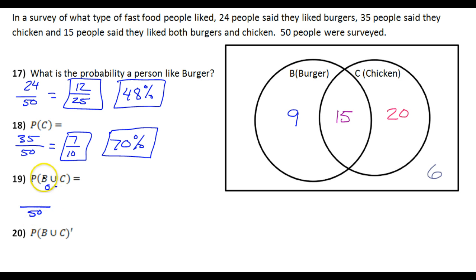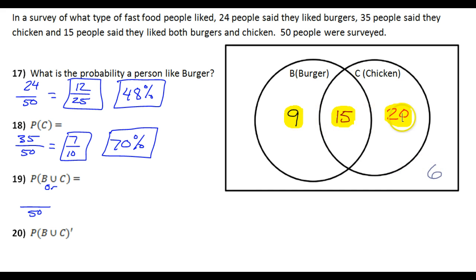But the target is burger or chicken. So we're going to take everything in either category. So we're going to take this, this, or this. So all of both categories, everything except for the 6 people who didn't like either.